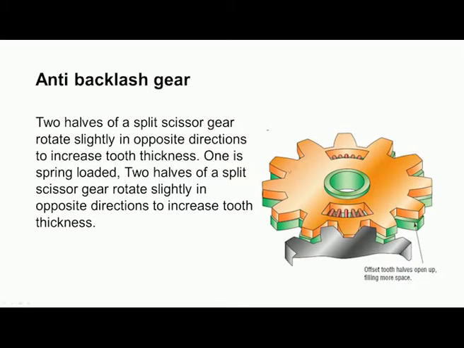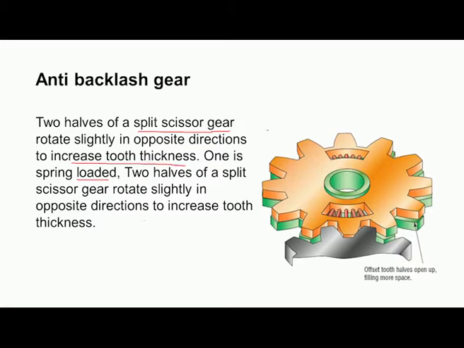So, this is a schematic diagram of anti-backlash gear, we have two parts of the gear, two halves of a split scissor gear. They rotate slightly in opposite directions to increase the tooth thickness. One is spring loaded.